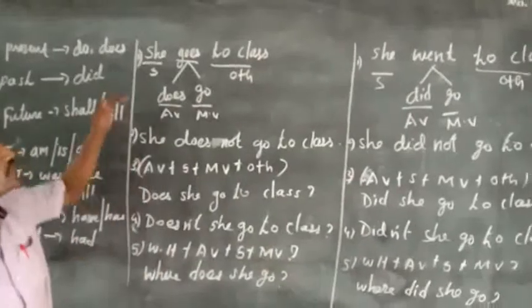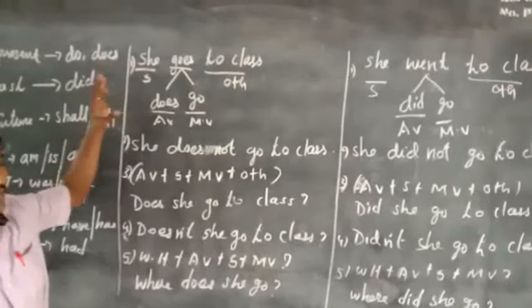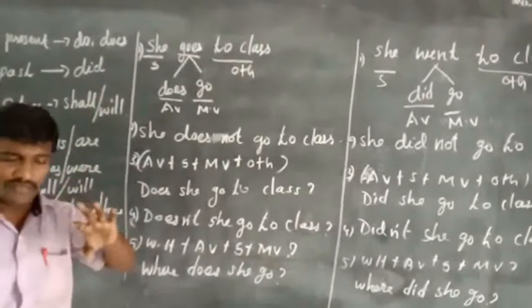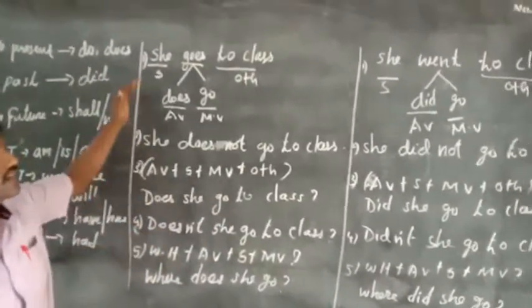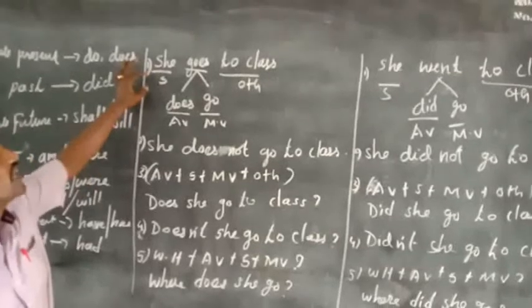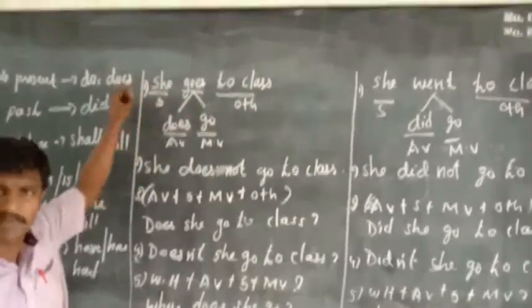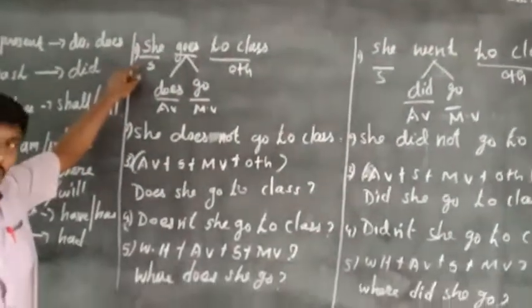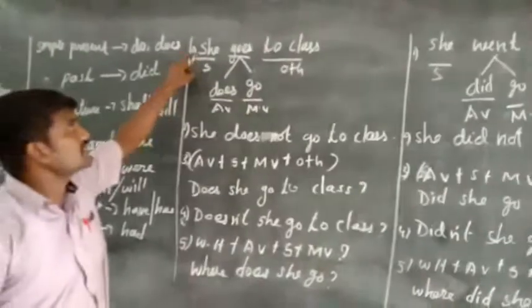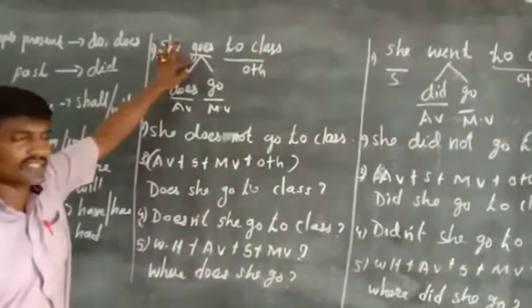Moving on, I would like to make a lot of examples of framing questions and negatives with the help of the tenses. She goes to class. It indicates the simple present tense. She is the third person singular, and she is the subject also. Goes is the main verb.